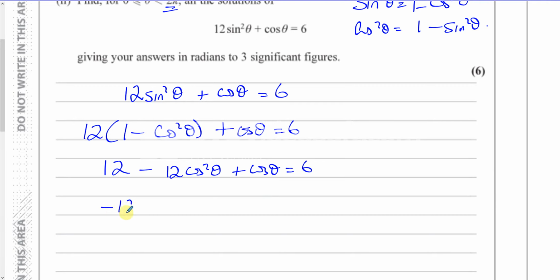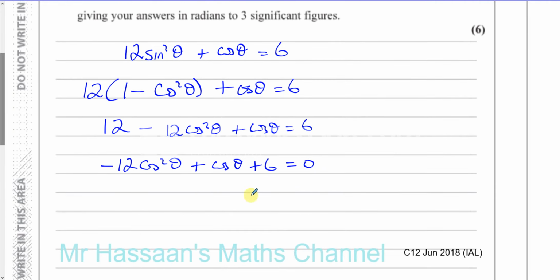So I've got minus 12 cosine squared theta plus cosine theta, and 12 minus 6 is plus 6 equals 0. And as it's a quadratic type of equation here, it's cosine squared and cosine, I'd like to make this part positive, so I can write this as 12 cosine squared theta. I'll just multiply everything by minus 1, so that'll be minus cosine theta, and minus 6 equals 0.